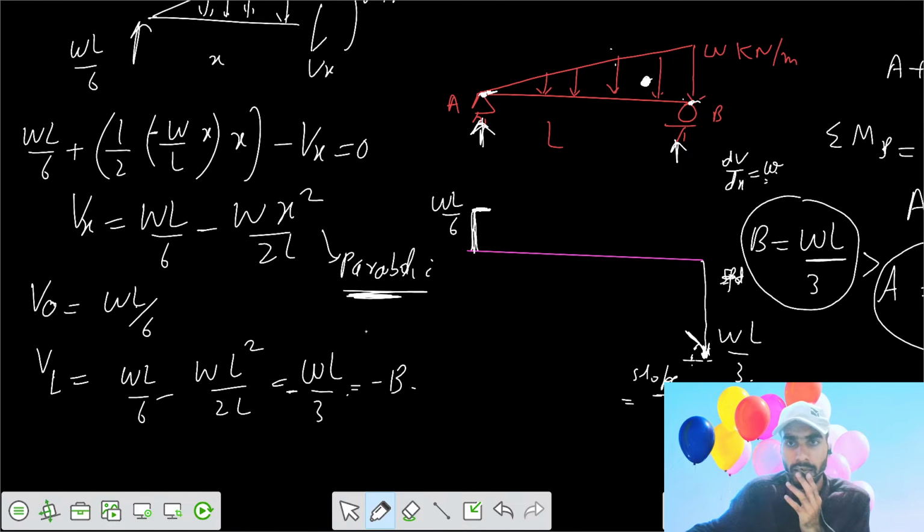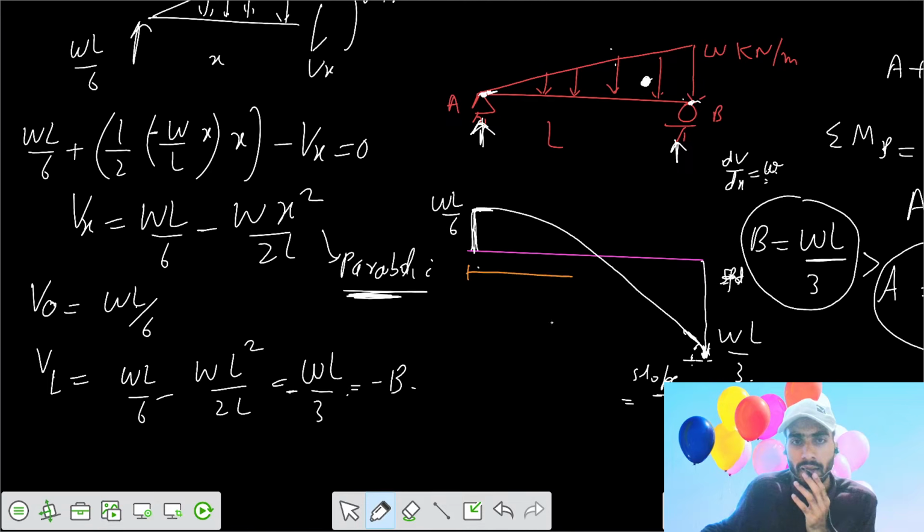We have dV by dx equals W when loading was upwards, but here loading is downwards, so minus W. So we got some slope here. We need to connect the two. Let's say this is your curve. Let it cut the reference line at X from your support A. We need to calculate that value of X.